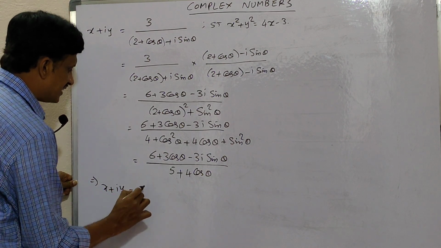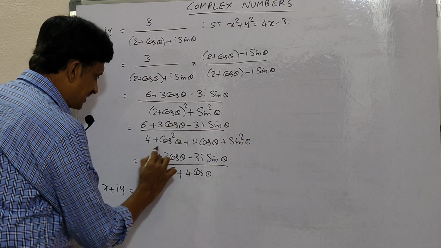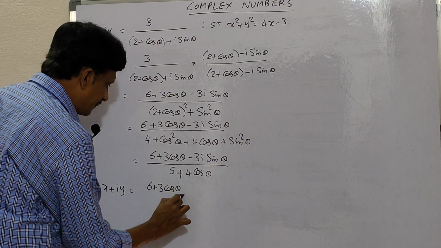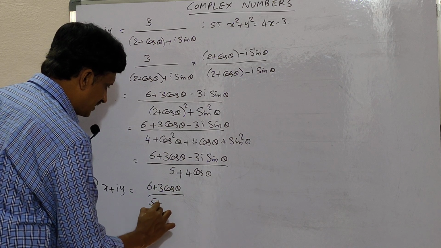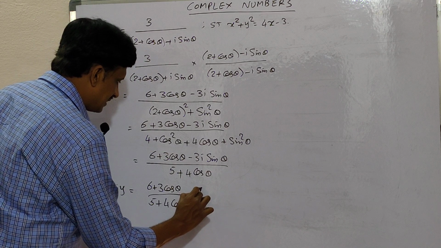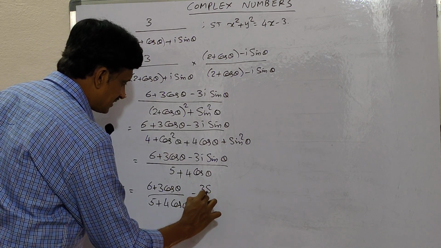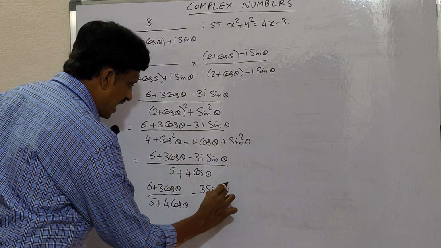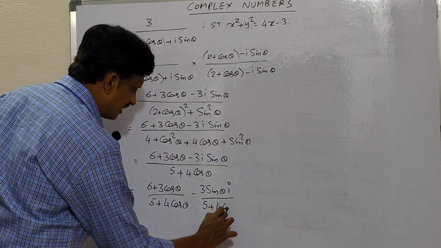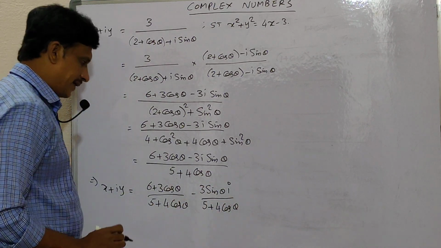So x plus iy is equal to, the real part is this one, (6 plus 3 cos theta) by (5 plus 4 cos theta), and minus 3 sin theta i by the denominator 5 plus 4 cos theta is y.